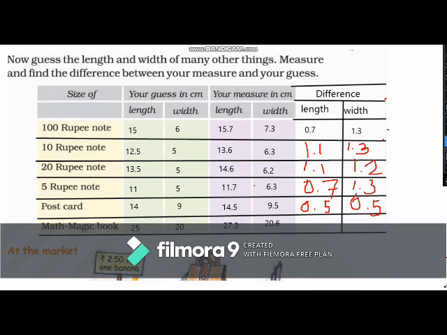Now let us find out the difference between our measure and our guess of the Math Magic book in length and width. So here 27.3 minus 25.